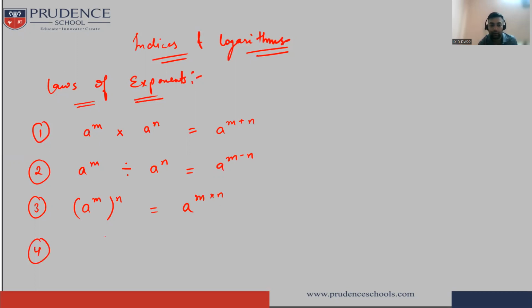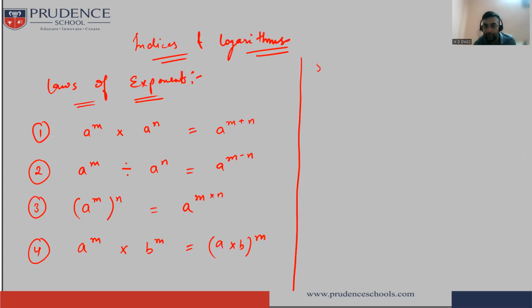Then fourth is a raised to power m into b raised to power m. If the powers are the same but the bases are different, then the bases will get multiplied with each other and the power remains the same. So it will be a into b whole raised to power m.